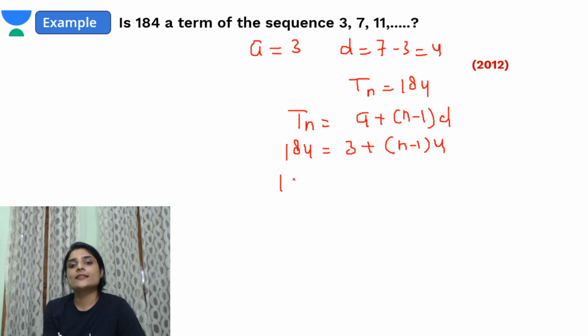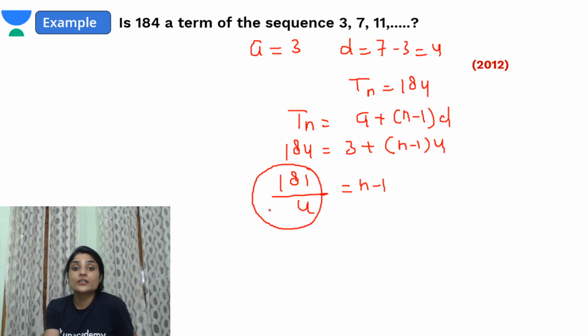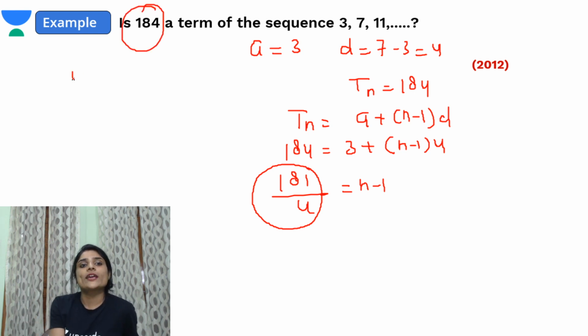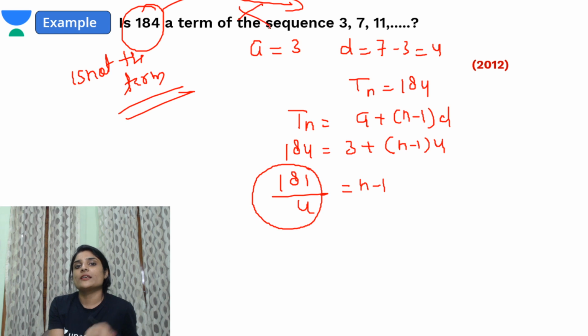So you get 181 upon 4, and you can check that 181 upon 4 is not a natural number, and the position of a term cannot be a fraction, because you cannot say the position of this term is 2 by 3 or 2 by 5. Position should be a natural number. So 184 is not a term of this AP. Okay, let's move forward with the next one.